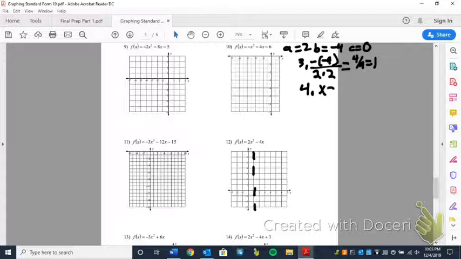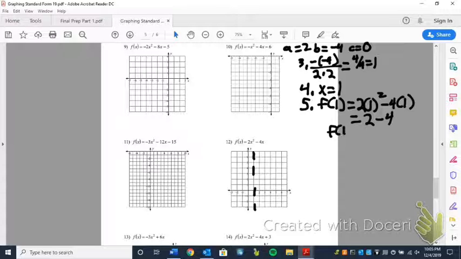We then plug 1 in. So f of 1 equals 2 times 1 squared minus 4 times 1. That gives us 2 minus 4, or negative 2. So we know our vertex is at 1, negative 2. And we're going to graph that.